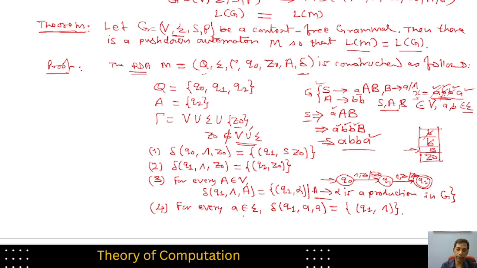So if for every A belongs to sigma the input is A and the top is also A, then you are going to match the symbols. So once matching is done, you have to delete it.